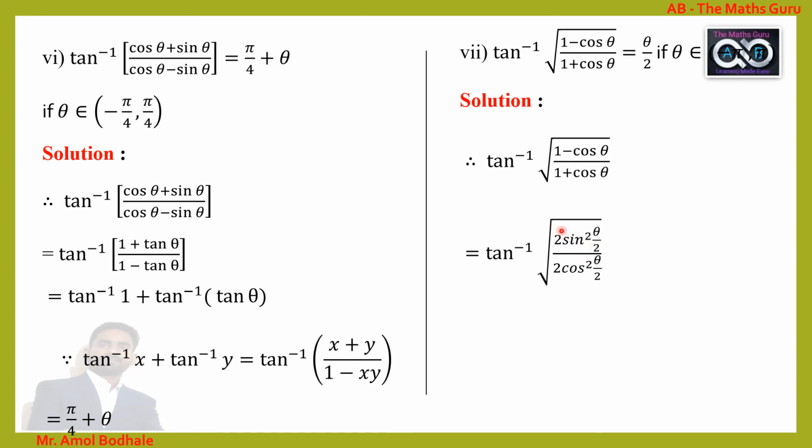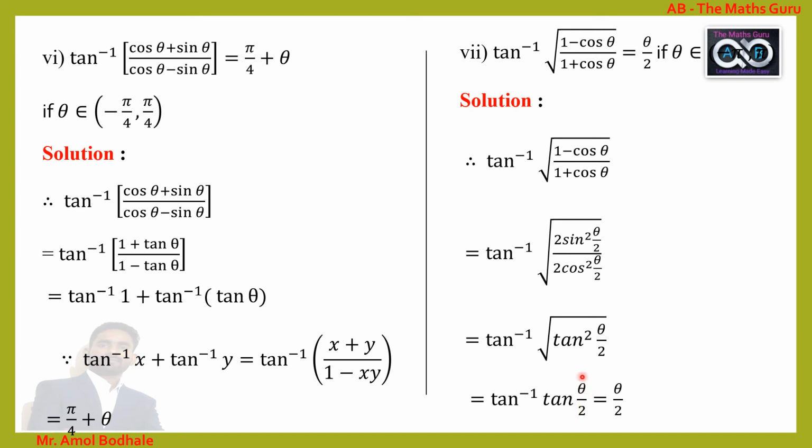Here 2 will be cancelled, and sine square upon cos square is tan square. So we get tan inverse of square root of tan square theta by 2. Here the square will be cancelled. We get tan inverse of tan of theta by 2, which is theta by 2. So remember to write tan inverse of tan of theta by 2 as theta by 2.